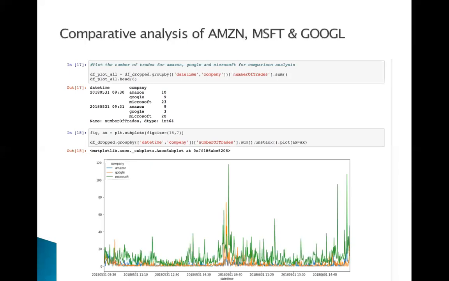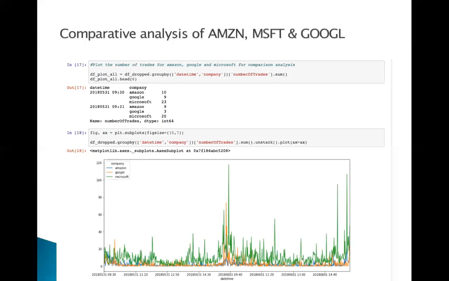You can see here in section 17 we have a query, and it gives us a particular date and time and what the trading volume was for each stock. Now we are using the graph to lay over all three stocks, which shows with different color codes what trading was done at a particular date time.